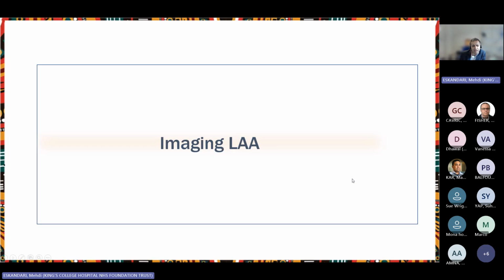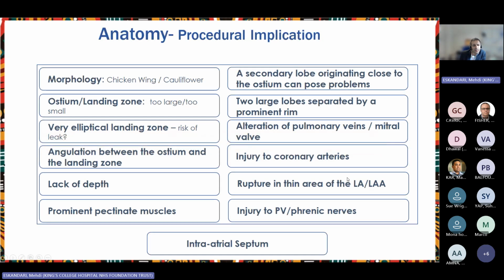So, imaging the left atrial appendage, this is a summary of the things you need to assess. You want to know about morphology, the ostium, and the landing zone. The device won't sit at the ostium, it will sit at the neck, the so-called landing zone, which we'll talk about in a couple of minutes. We want to know if the ostium and landing zone are very elliptical or not, because circularization of these areas may not be feasible, and therefore there might be a risk of leak.